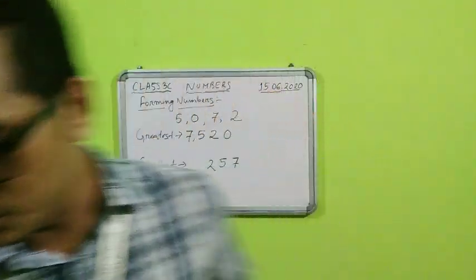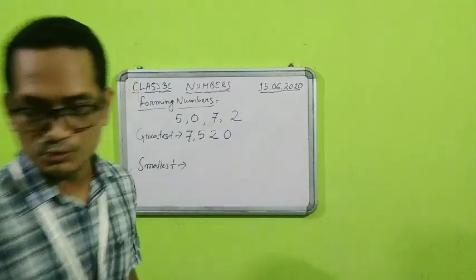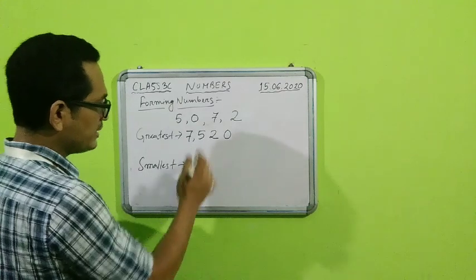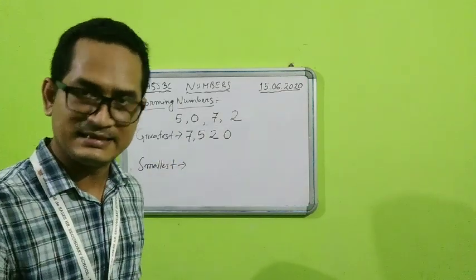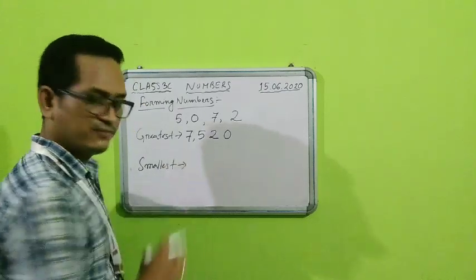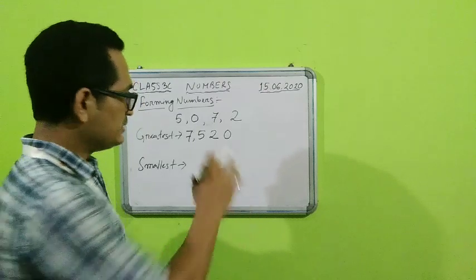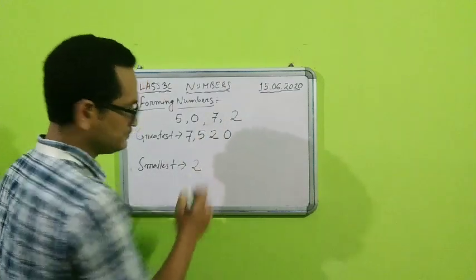So whenever 0 is there in the digits, you have to do one thing. First of all, you cannot put the 0 on the extreme left. Though it is the smallest and we are arranging in ascending order, 0 should come in the first place, but 0 will never come in the first place. What will come? The next digit greater than 0 is what? 2.